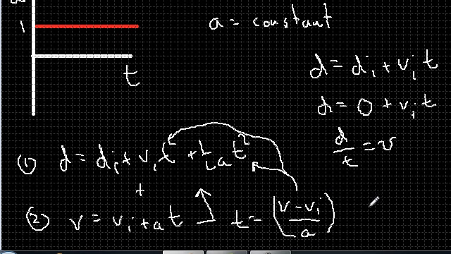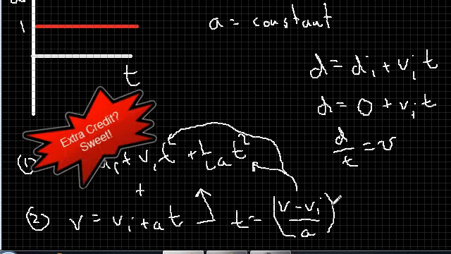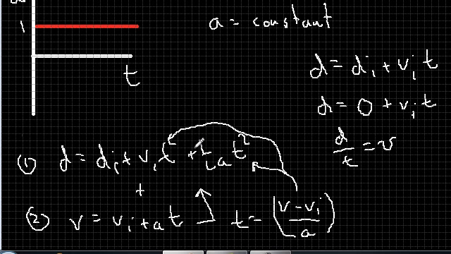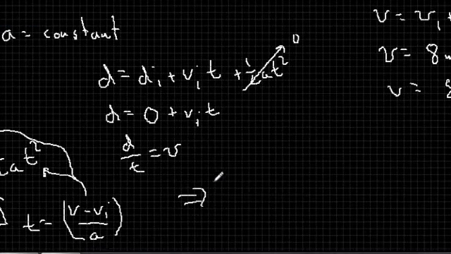And it turns out when I do that, fortunately I will spare you all that nasty algebra. However, those of you who are so inclined, I'll be happy to give extra credit for anybody who wants to work that out on paper. What we're going to get is we're going to eliminate time out of this first equation, and come up with a brand new equation, and it looks like this.